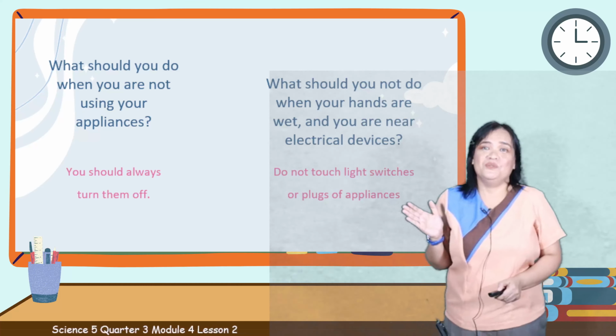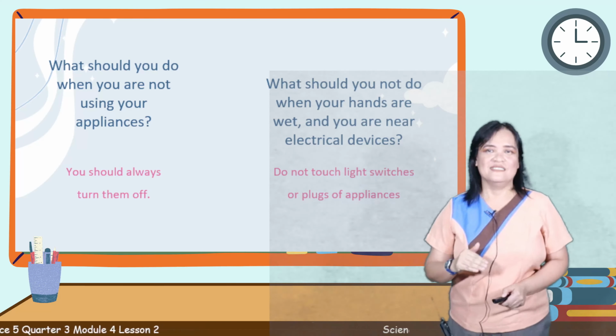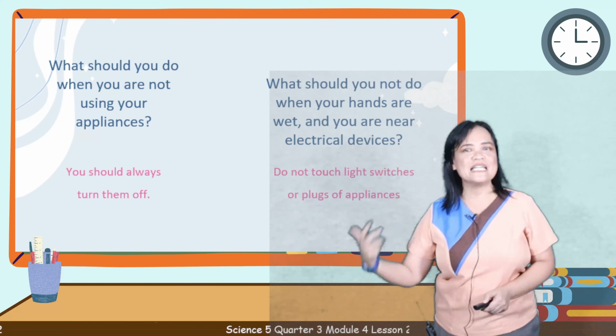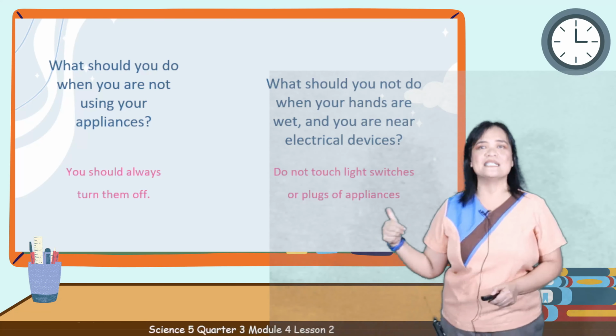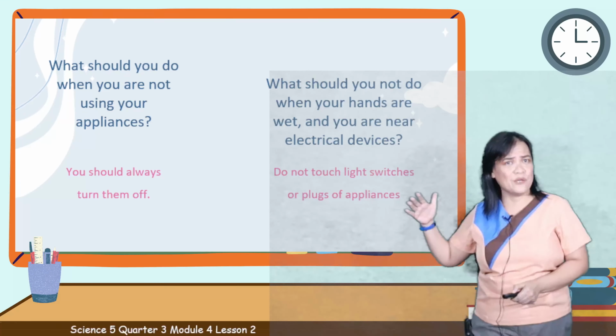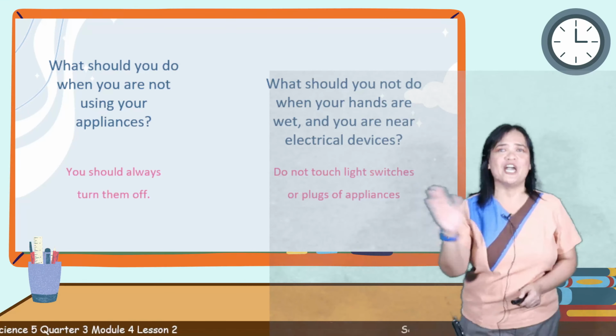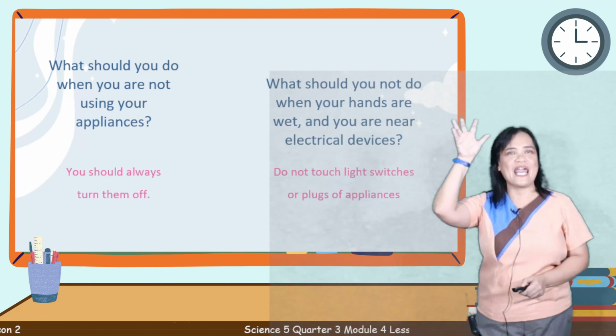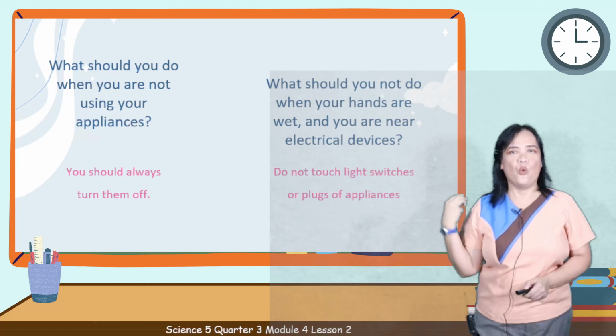So, what will you do? Do not touch. Get away from that electrical devices. Do not touch light switches or plugs of appliances. Get away, okay? Don't ever touch when your hands or your body is wet.